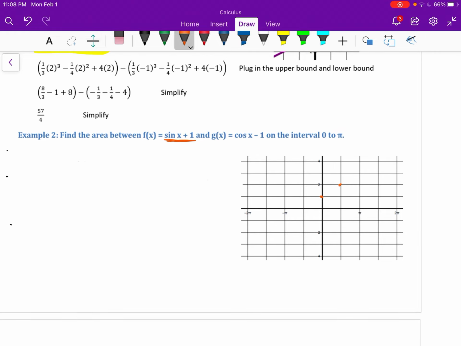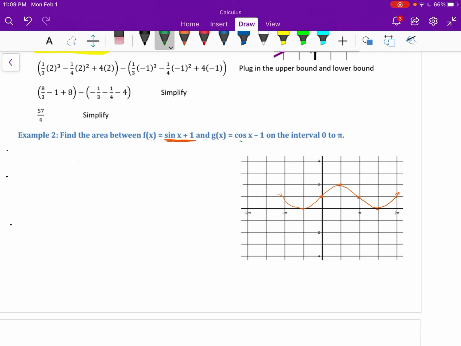At pi over 2, it gets up to 1, back down to the midline, the whole thing is shifted up. So there is a quick sketch of y equals sine of x plus 1.